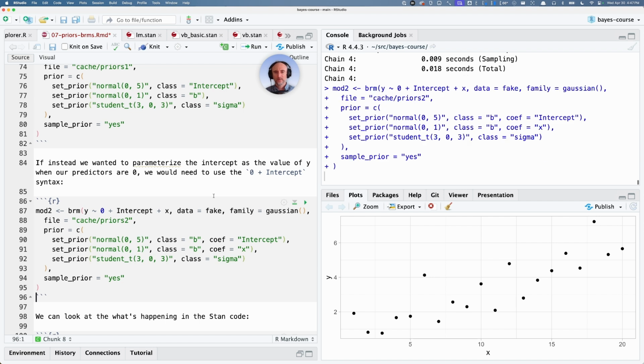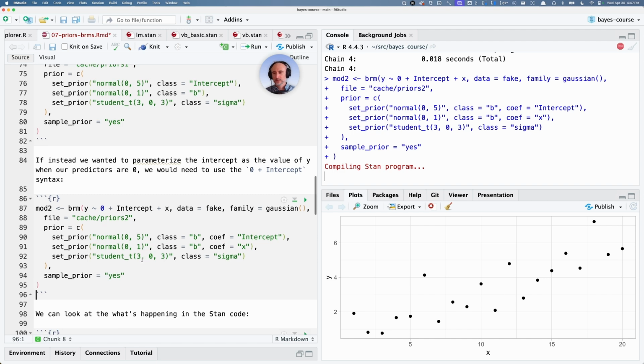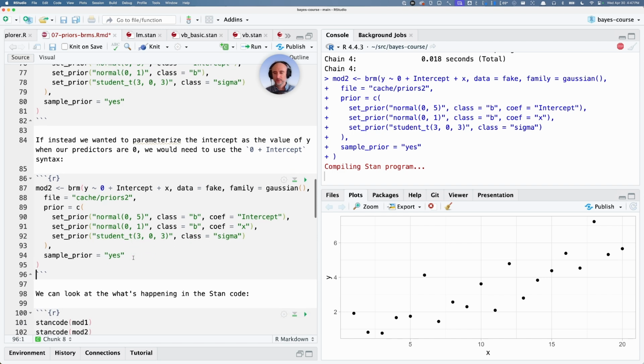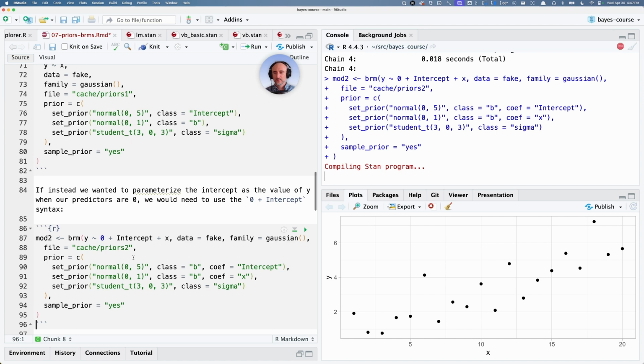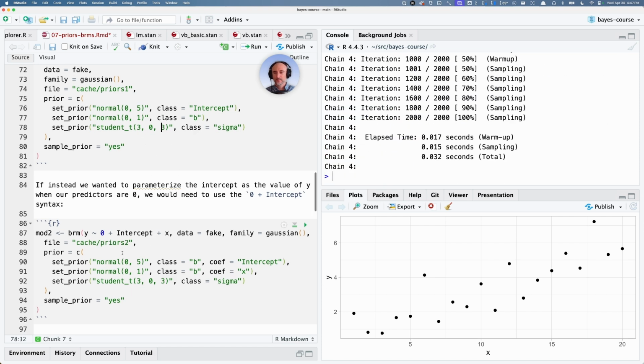So I'm going to fit this model. It also has to compile. And then we'll compare the two afterwards. These both have a normal prior of 0, 5, standard deviation of 5 on the intercept, a standard normal prior on the slope coefficient, and a student t with degrees of freedom 3, scale of 3, half t on sigma.